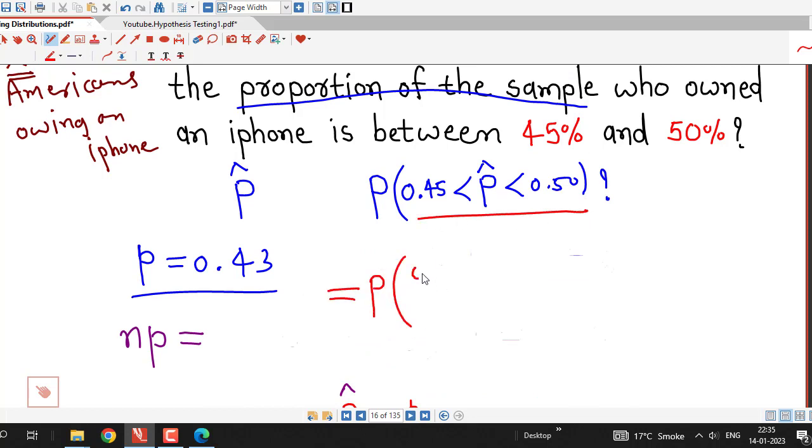For that, we convert this into a standard normal random variable.